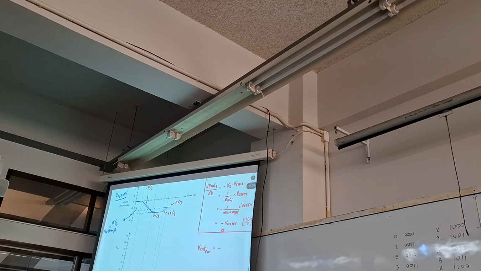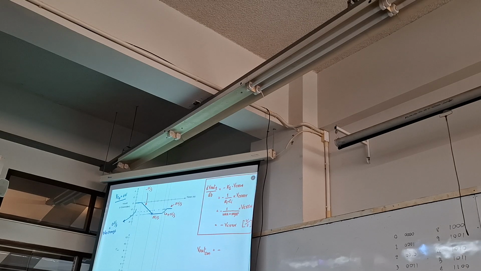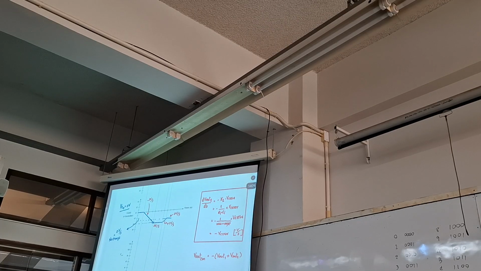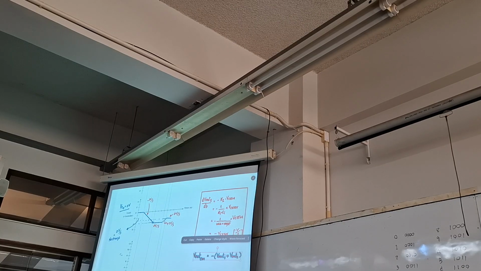Then you will get the minus here. Then you have minus V out 1 plus V out 2. It is pretty easy for a summing amplifier. This is the output equation of a summing amplifier which has a gain of 1.